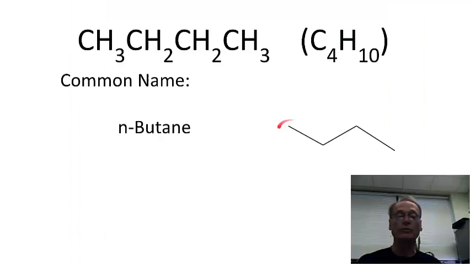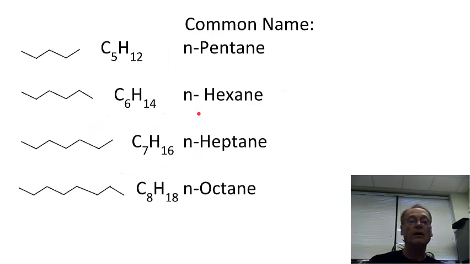But again, rotation occurs naturally in a real sample, and you can't stop it, and you can't separate the different conformations out from each other, so the whole thing is just called butane, or in the common system called n-butane. I've drawn the line angle formula for you, CH3, CH2, CH2, CH3. Common name, n-butane.